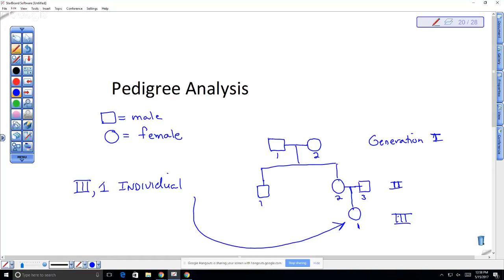Now, when we do pedigrees, we're interested in particular traits, and they could be diseases, or they could be physical characteristics. So what I would do is color in the individuals with the trait of interest. Okay. So this is an individual with the trait of interest.